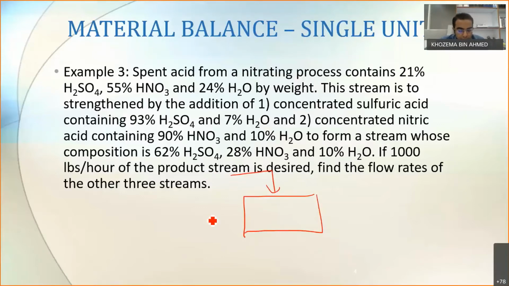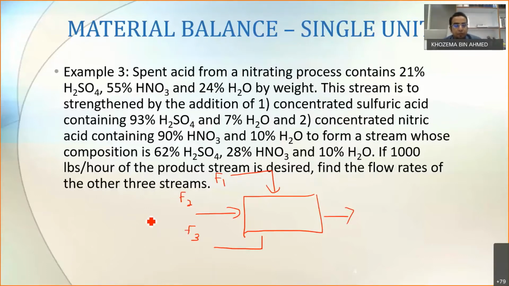One is the spent acid, the other one is the concentrated sulfuric acid, and the other one is the concentrated nitric acid to make a final acid composition. I've given you the flow chart, and the unknowns are the spent acid flow rate, the concentrated sulfuric acid flow rate, and the concentrated nitric acid flow rate. So we have these 3 flow rates.